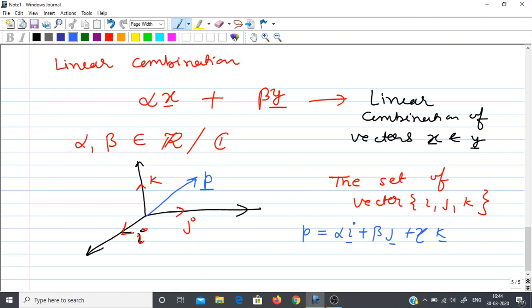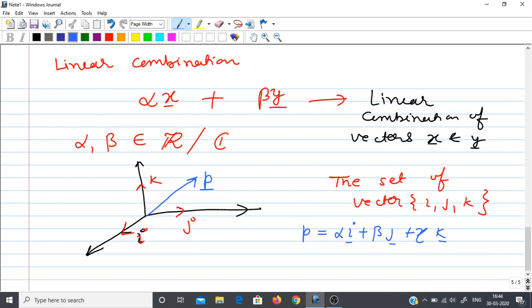And we saw linearly independent vectors. We know that alpha times i plus beta times j plus gamma times k would be the zero vector only when alpha, beta, gamma, all three are zero. So i, j, k are not only spanning this three-dimensional space, they are also linearly independent.